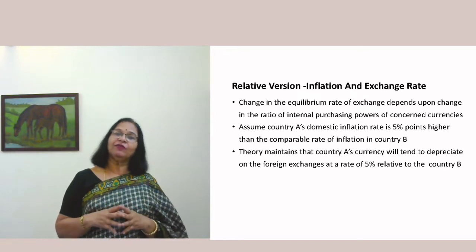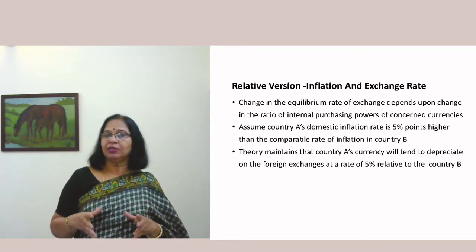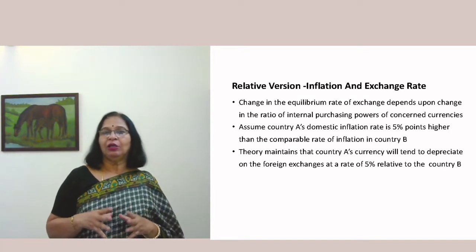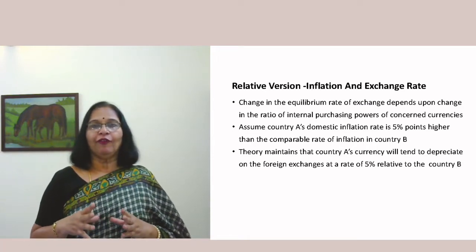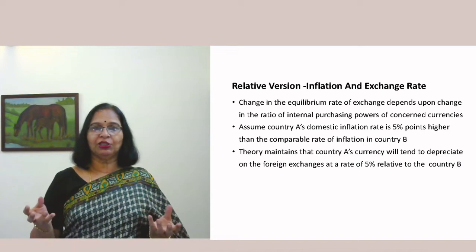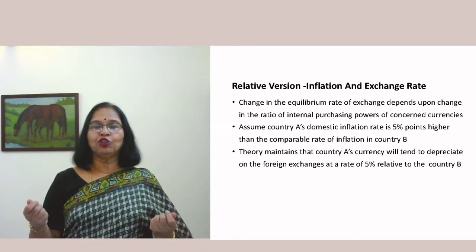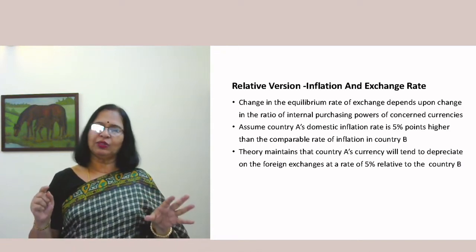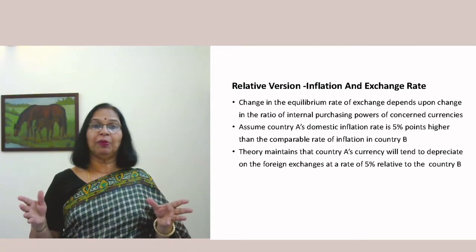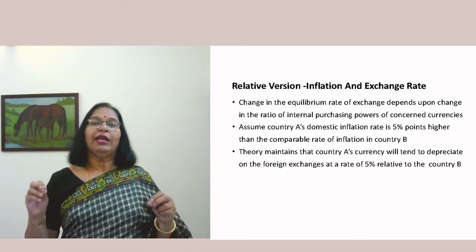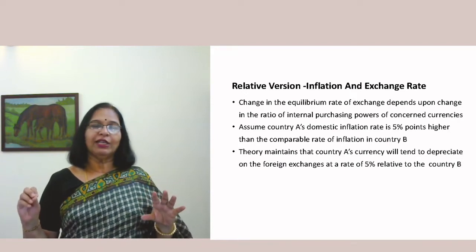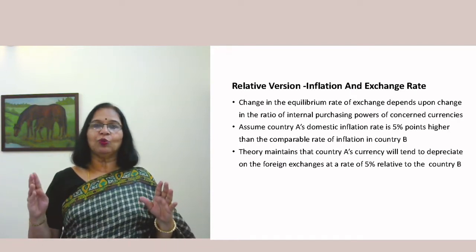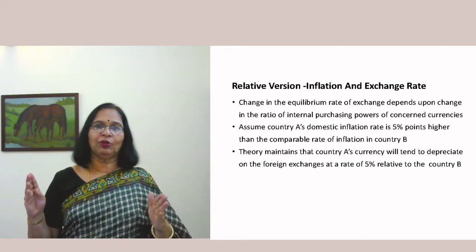And in the relative version, we consider the rate of inflation to determine the exchange rate. Now, what does that mean? If India and USA are the two countries, and assume that $1 is equal to 70 rupees because of the purchasing power which we have understood. Now assume that India is experiencing inflation. If India is experiencing inflation, this $1 will not be equal to 70 rupees.